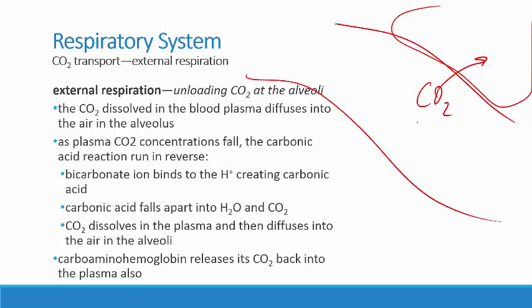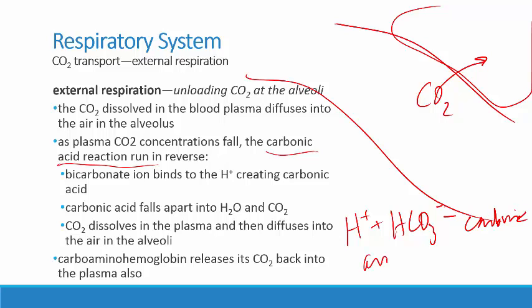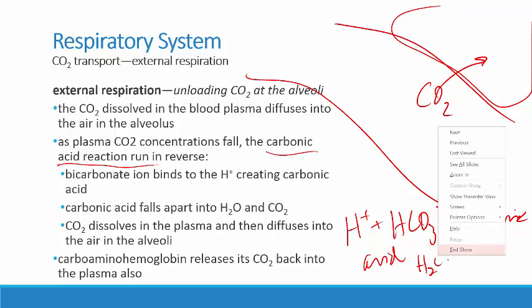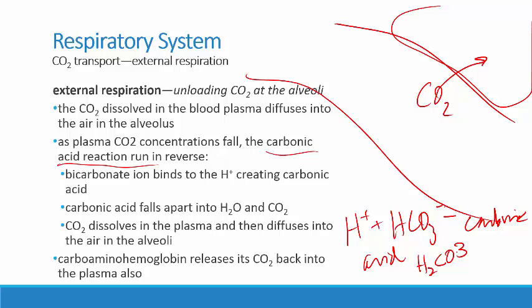And as the plasma CO2 gets lower, then this carbonic acid reaction runs in reverse. So now we start taking bicarbonate and hydrogen ions, and we use them to build carbonic acid. So the carbonic acid, the H2CO3, then falls apart into water and CO2.